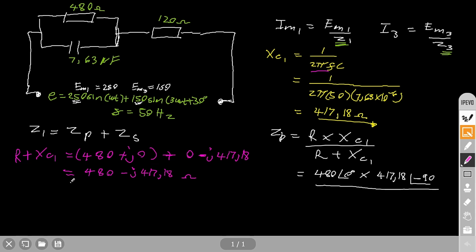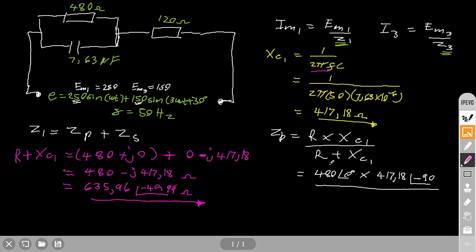So now, guys, just convert this into polar form in your calculator. I trust that you all know how to convert. This is going to be 635.96 at an angle of negative 40.99 ohms. So that is your polar form answer.